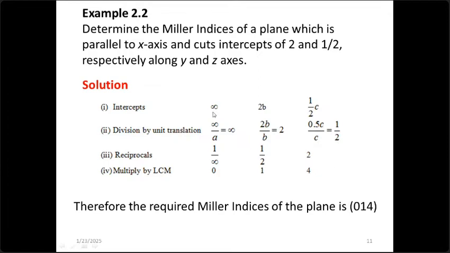And which is the unit vector for x-axis? It is A. For y-axis, it is B. For z-axis, it is C. So I take infinity divided by A. What do we get? Infinity divided by A. Infinity is a very large number, so when you divide it by any other number, it just remains as infinity.